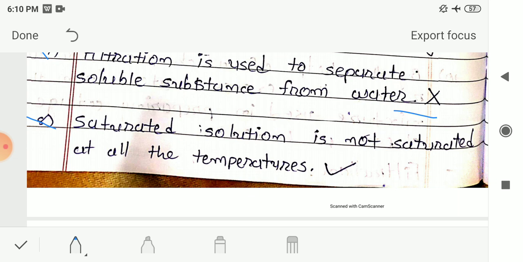So we can say that the saturated solution is not saturated at all the temperatures. It depends on the temperature. As we are increasing or decreasing the temperature, the amount of the dissolved substance can also increase or decrease.